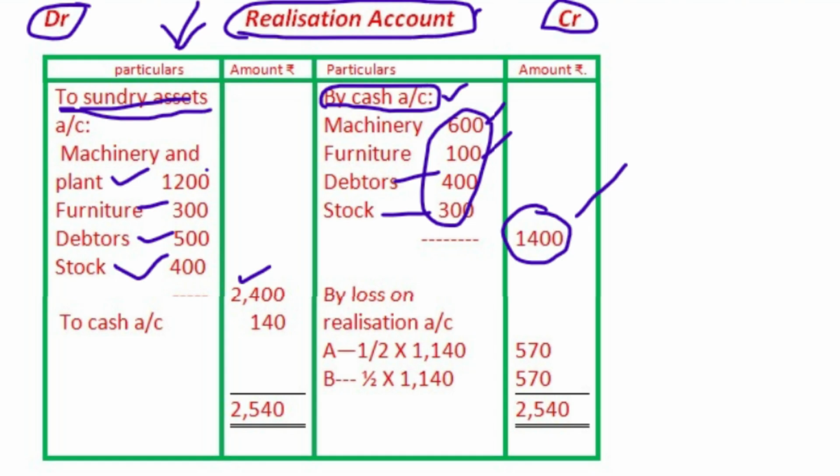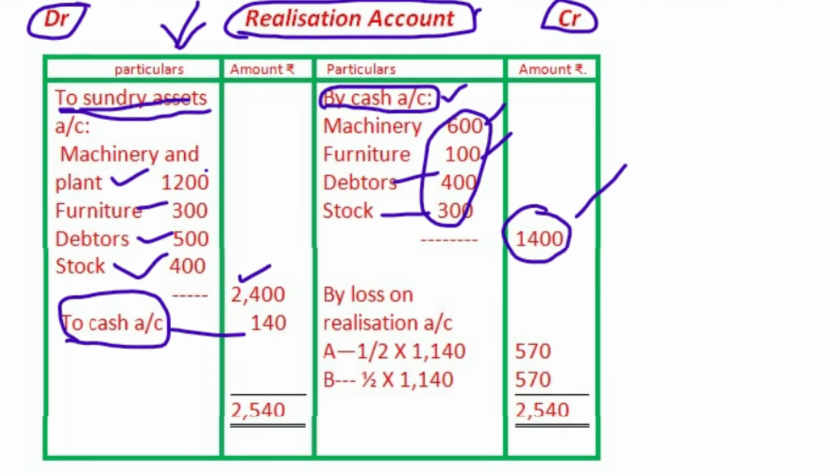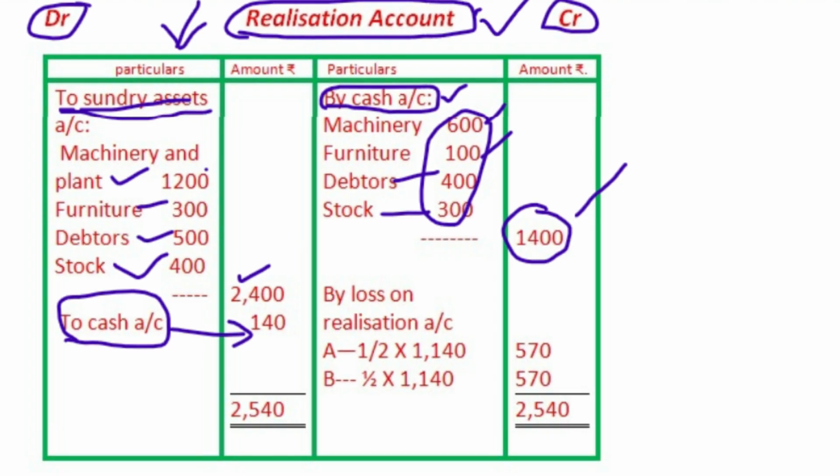Now expenses on realization are given in the question, rupees 140. Expenses on realization are always on the debit side of the realization account, to cash account, realization expenses. Now on the credit side there are 1400 rupees only, and on the debit side 2540.